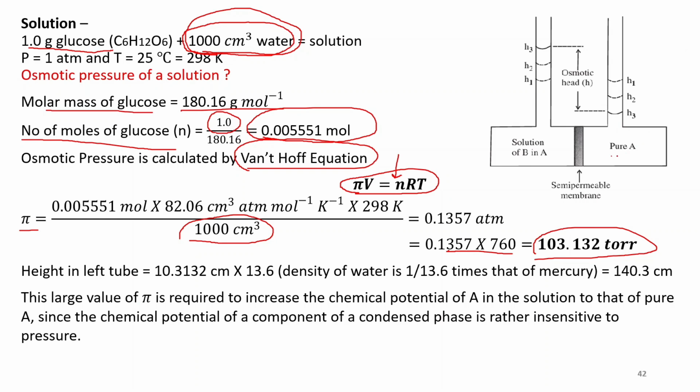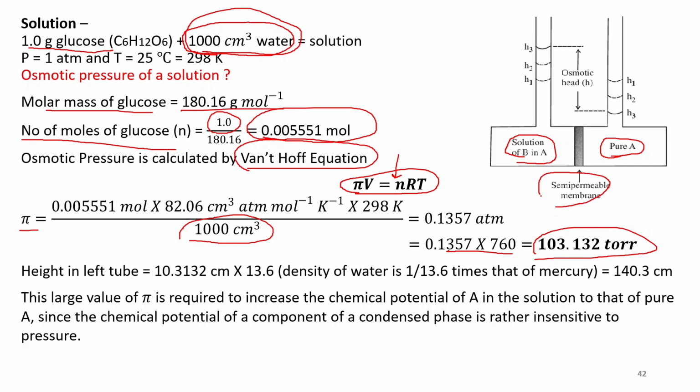On the right hand side, we have the pure solvent, which is water. On the left hand side, we have the solution, which is glucose in water, and it is separated by a semi-permeable membrane.